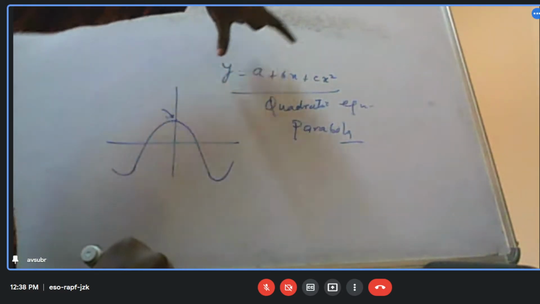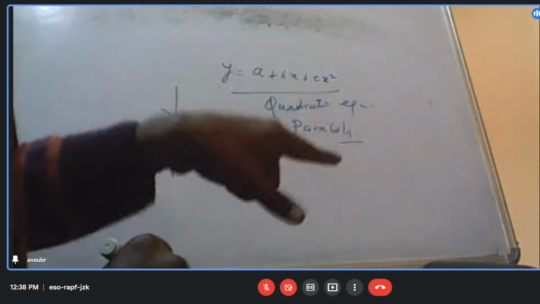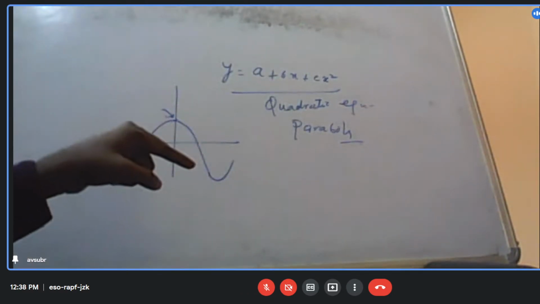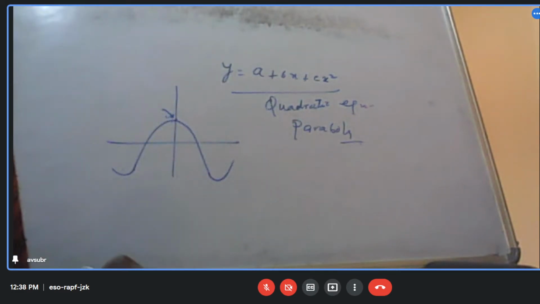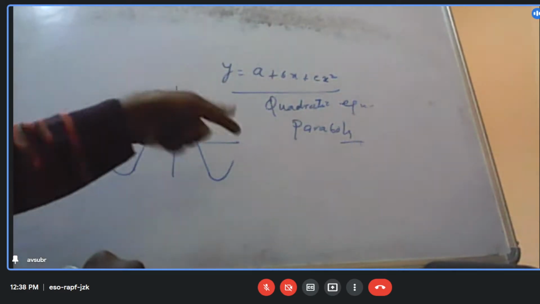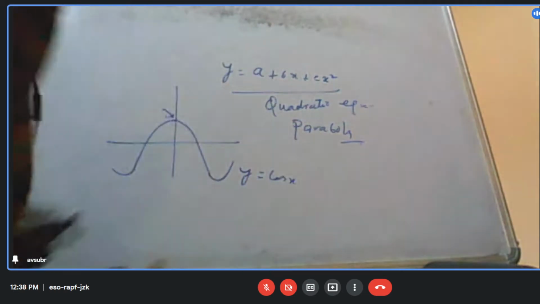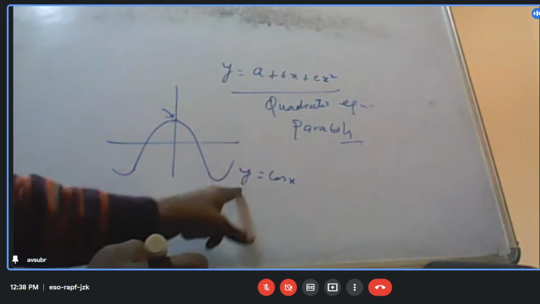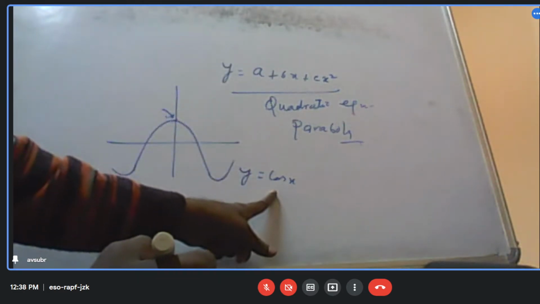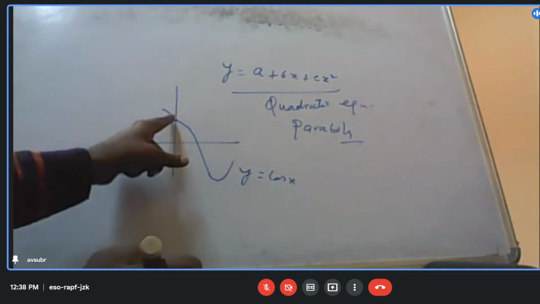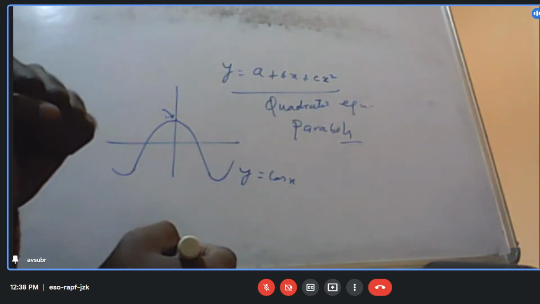This is our assumed curve, and it should have the same value at x equal to 0 as whatever is the value of y equal to cos x. So the first thing is that the y we have assumed and this cos x both should have the same value at x equal to 0. I hope I am talking sense.